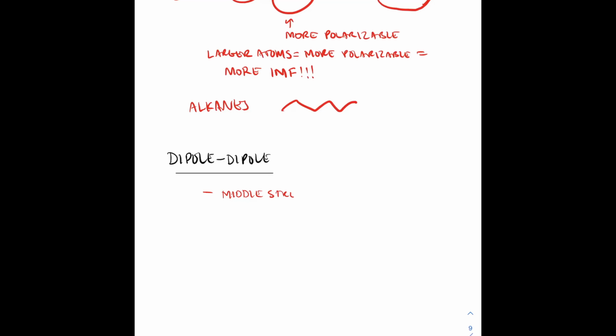Okay, so middle strength, and that's because they're going to have an actual solid net dipole, so they have C-Z bonds, and then that's going to cause a net dipole.